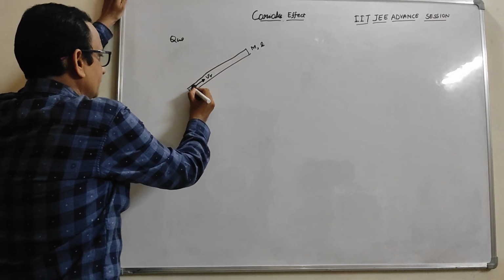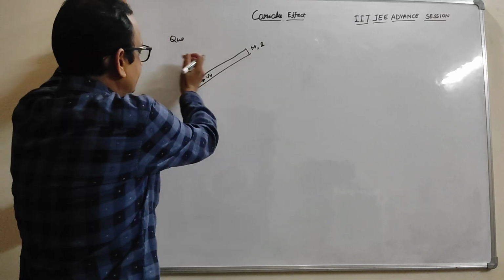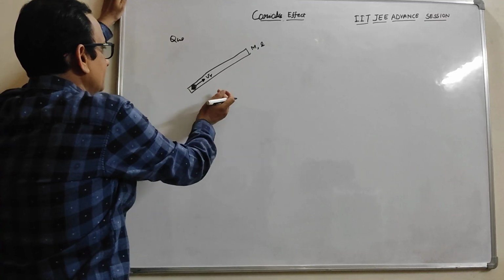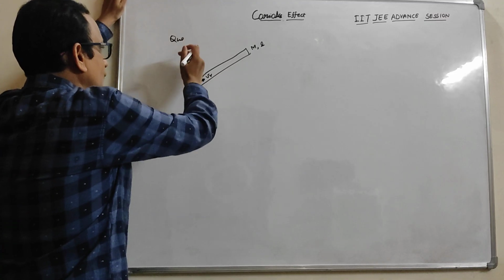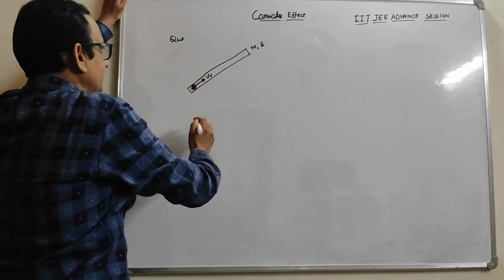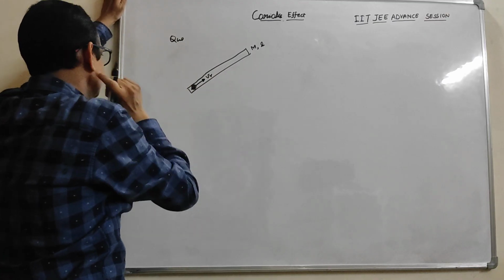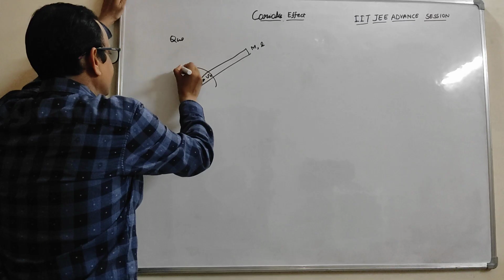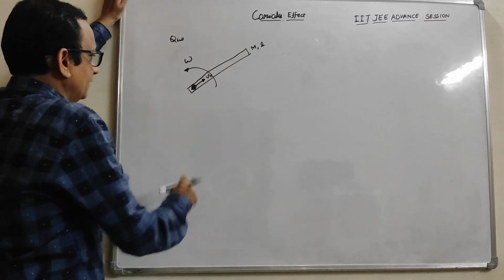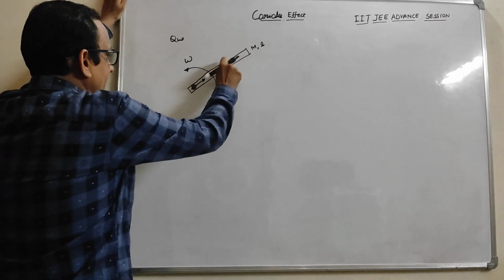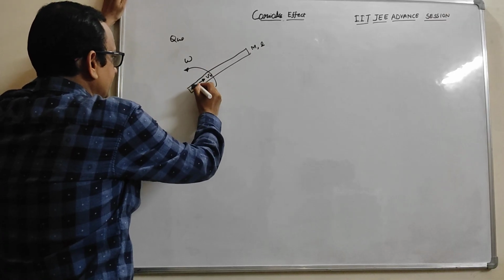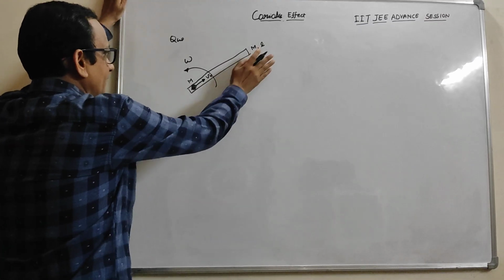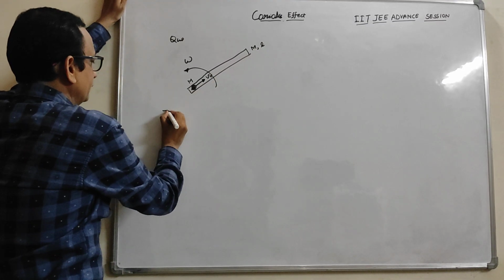The rod is hinged about this point, and we have to calculate the torque acting on the rod so it can move with constant velocity. Here omega is the angular velocity of the rod. We have to calculate the torque at time t.